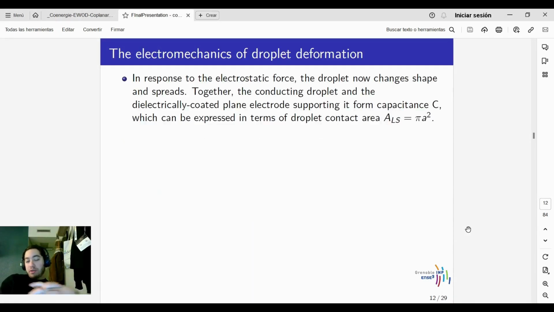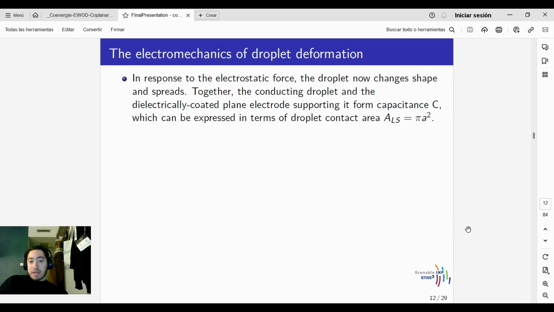In the next part of the article, the author analyzes the electromechanics of the droplet deformation. Now the voltage induces an electrical field that will end up deforming the droplet shape.